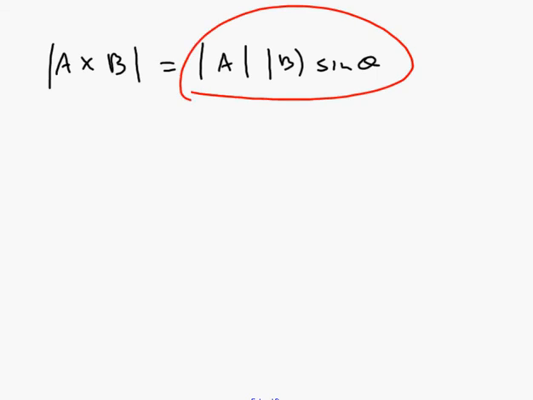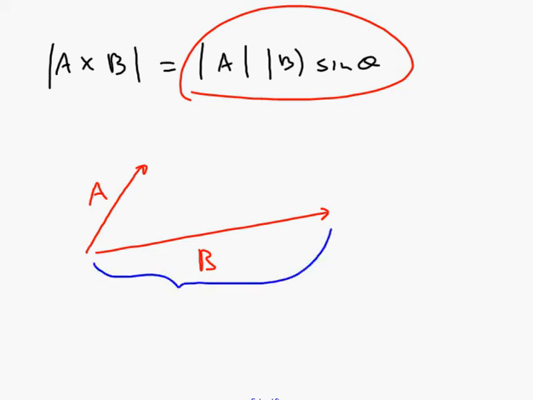So I'm going to draw a picture. Say I have a vector A going this way, and a vector B going that way. We know that this entire distance has length norm B, and that entire distance has length norm A.